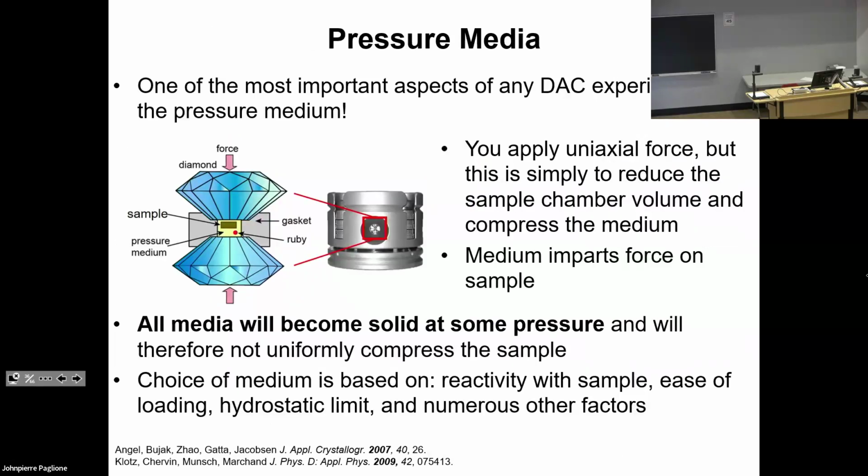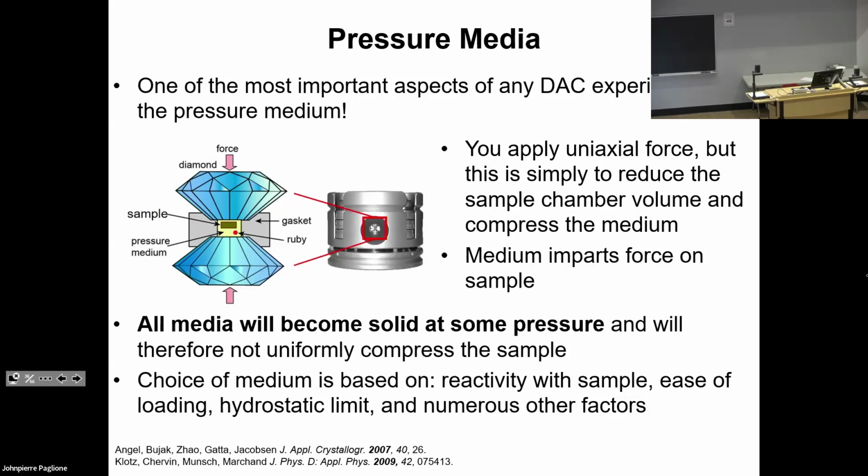Okay, so next, pressure media. When choosing the pressure medium, what's really important is the fact that all media will become a solid at some pressure, and depending on the behavior of that solid, it is no longer going to be hydrostatic, meaning it's no longer going to isotropically compress your sample when you're reducing the sample chamber volume.